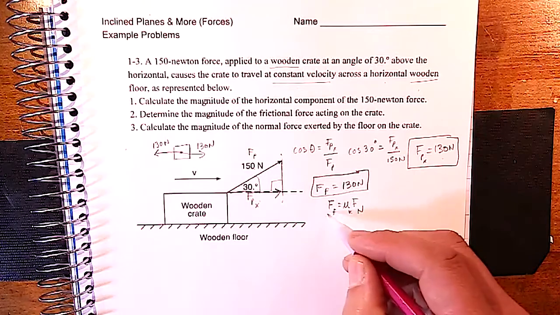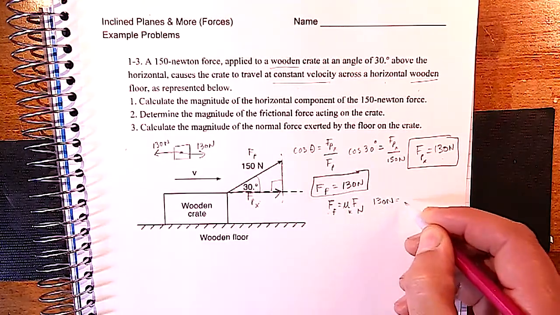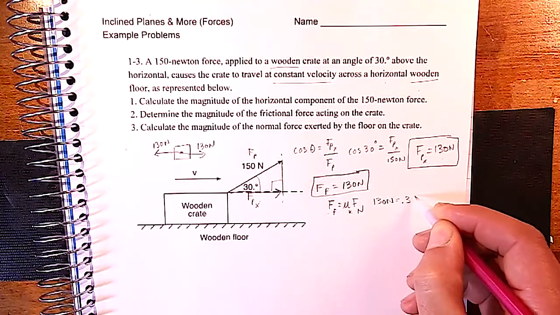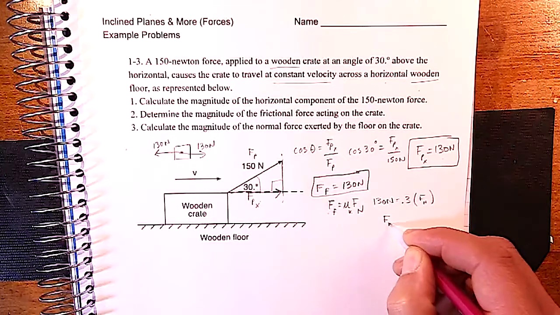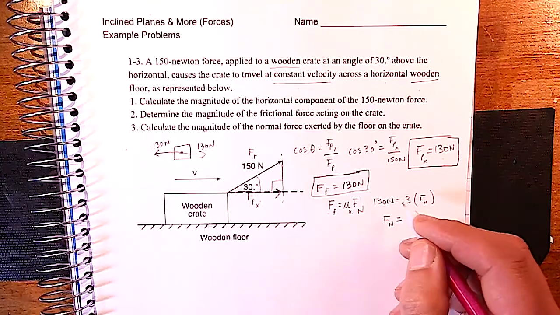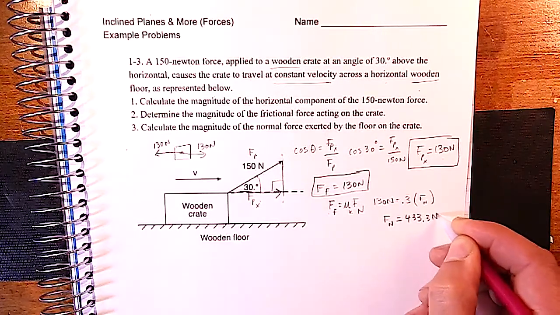So we know that the friction's 130, and we can say 0.3 times the force normal, and when we do the math on that, the force normal comes out to 433.3 newtons.